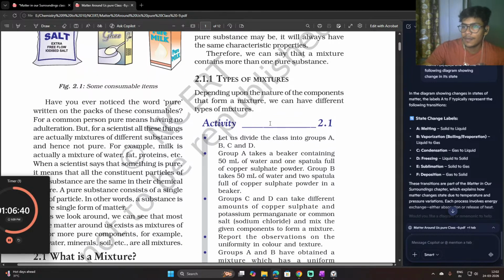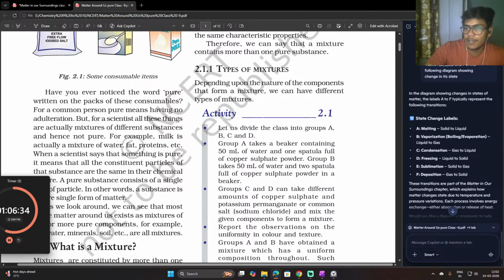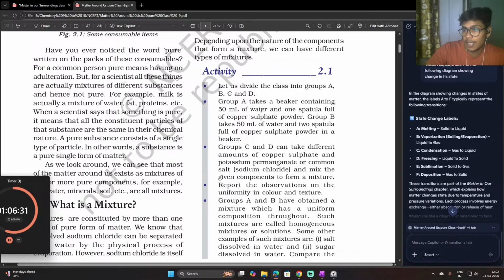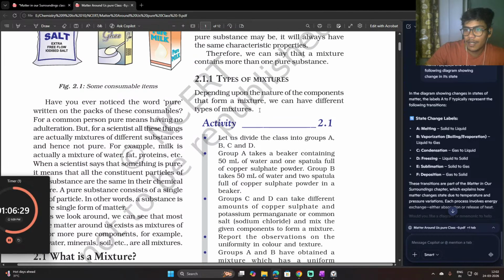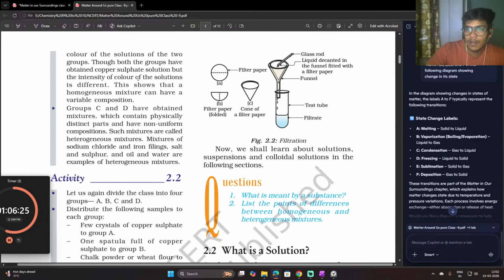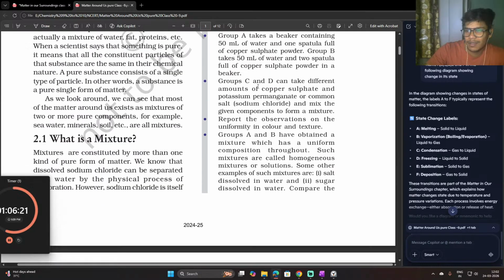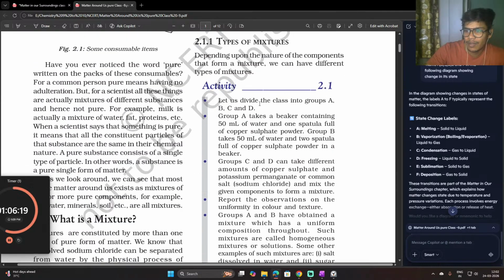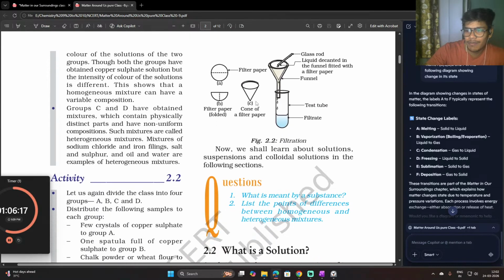What are the different types of mixtures?